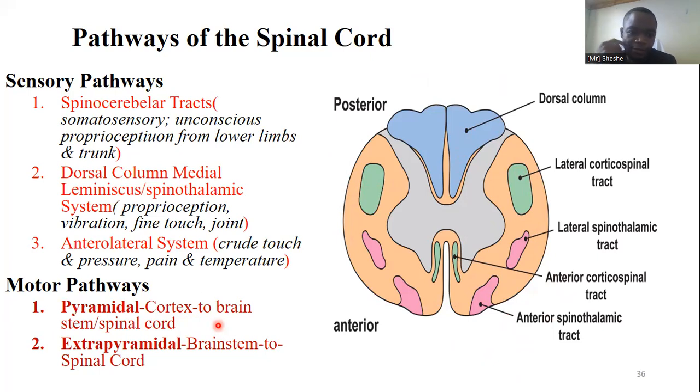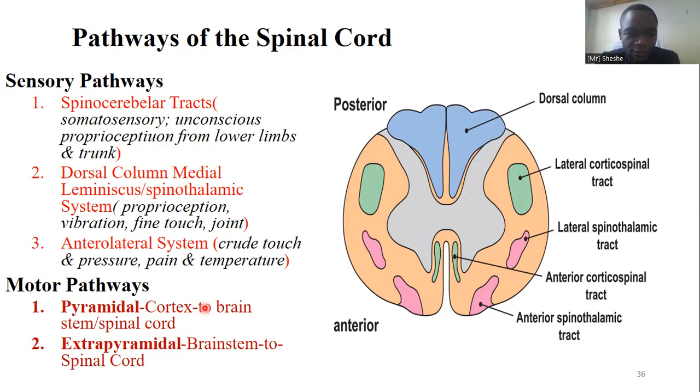Okay, so pyramidal transport electrical impulses from the cortex, the brain itself, to the brainstem and to the spinal cord. So there's communication between the brain, the cerebrum, and the brainstem. Remember, brainstem is midbrain, pons, and medulla oblongata.